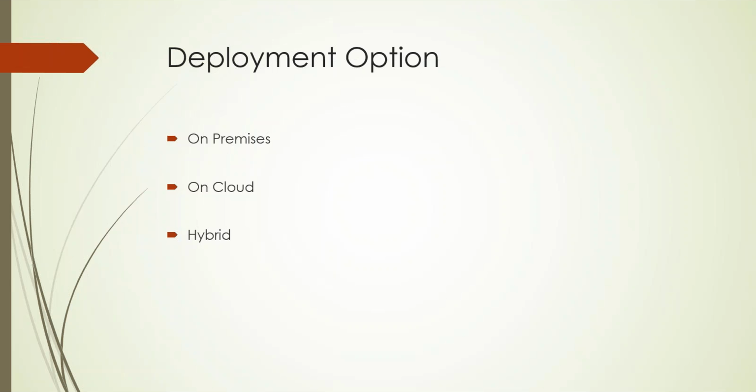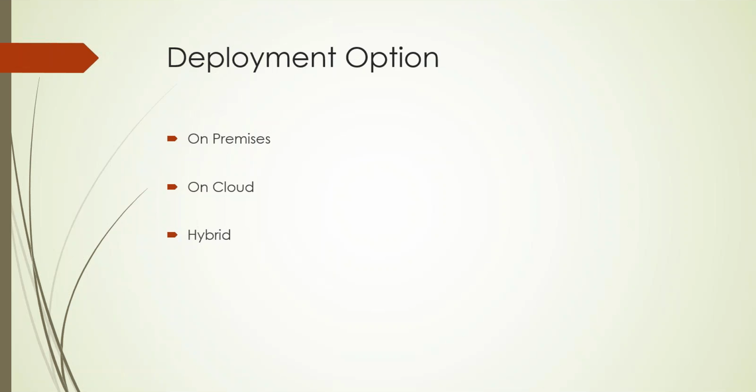What you get out of it is that you don't need to buy the infrastructure or the licenses; it will be only on rent, so the cost will be reduced. The third is hybrid, meaning both: some important features you keep on premises and some features you keep on cloud.